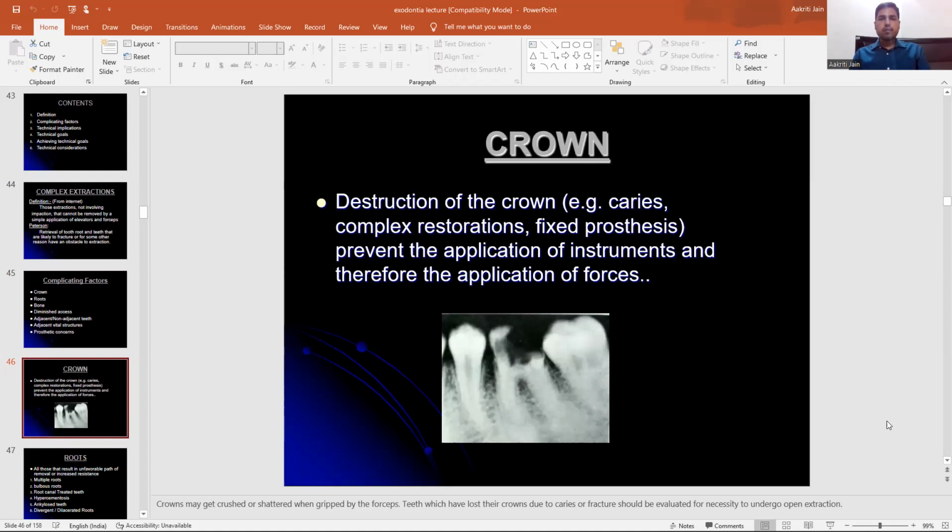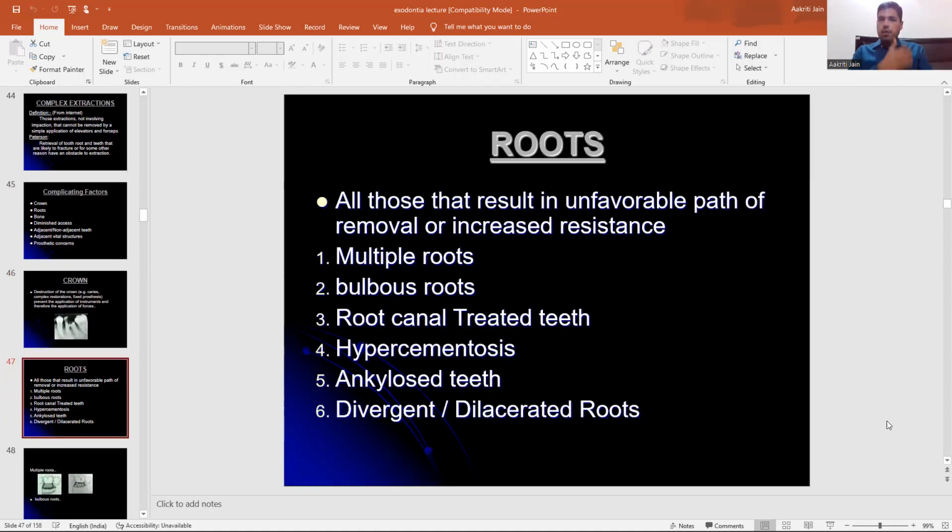Crown: destruction of the crown, for example because of caries, complex restoration, or fixed prosthesis, prevents the application of the instruments and therefore the application of forces. In the case of roots, all those that result in an unfavorable path of removal or increased resistance, like multiple roots, bulbous roots, root canal treated teeth, hypercementosis, ankylosed teeth, divergent or dilacerated roots.